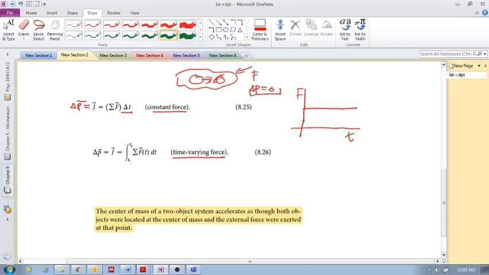So if your force was increasing over time, or decreasing over time, or it had any other kind of time variation, it was some function of time, as time goes on, F changes, then you need to integrate F(t) dt. So this is for a non-constant, time-varying force, and that's for a constant force.